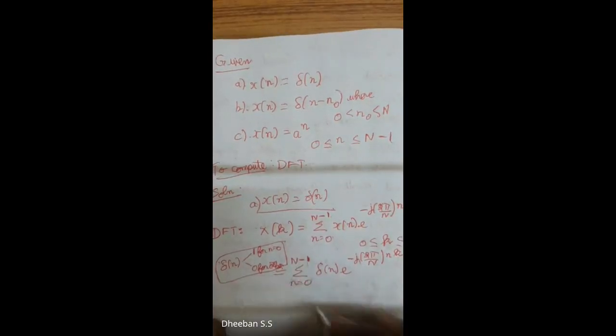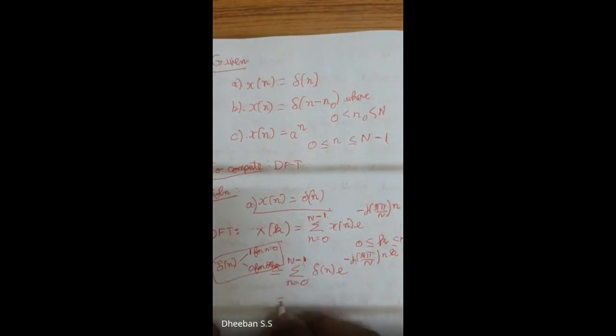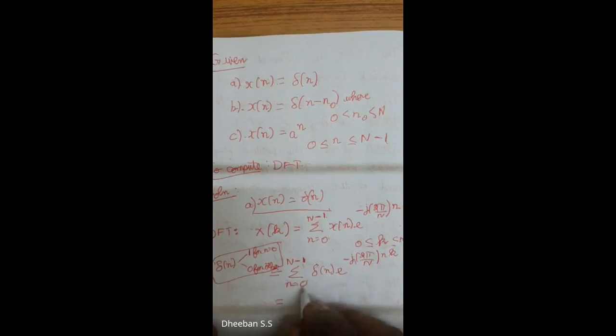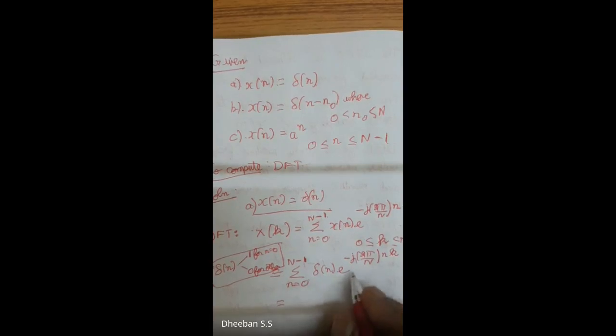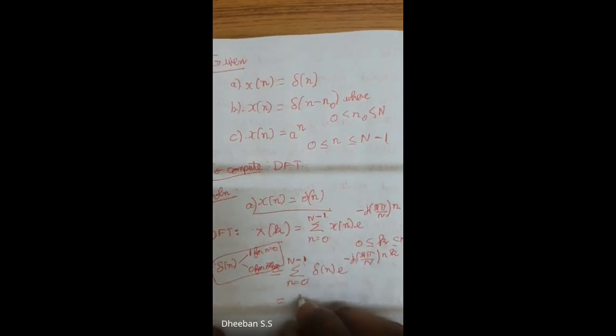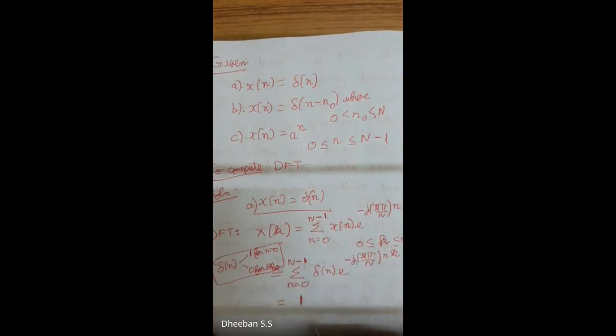If you put n equal to 0, delta of 0 is nothing but 1, e power 0, so we'll be getting the value as 1.